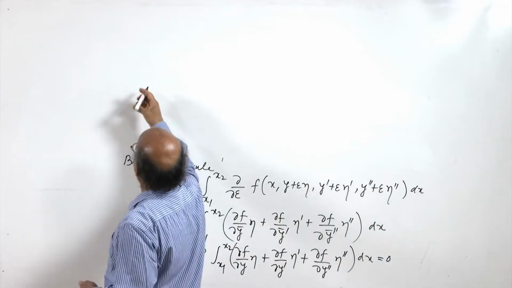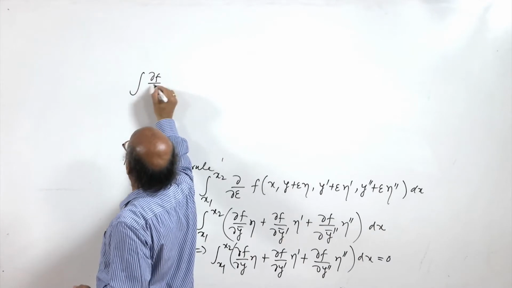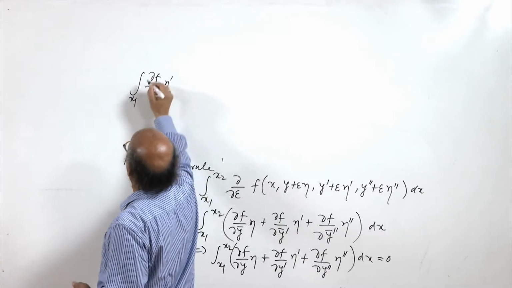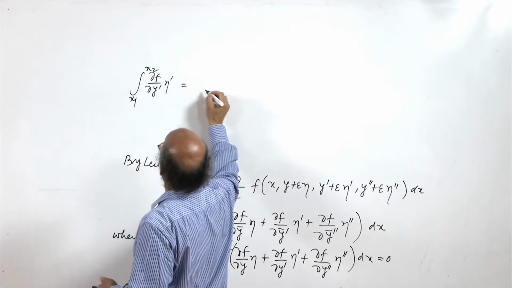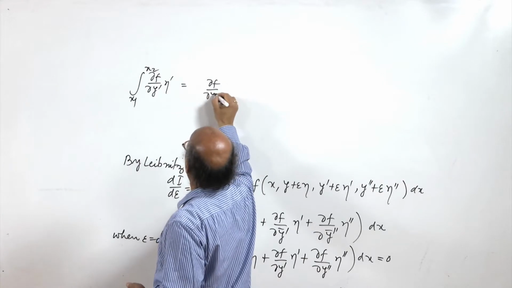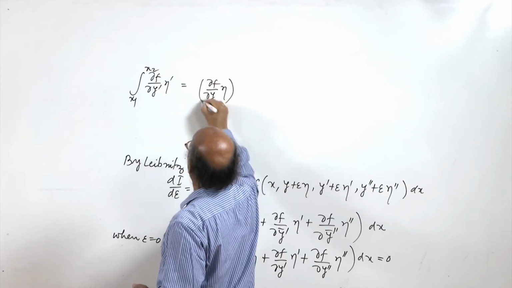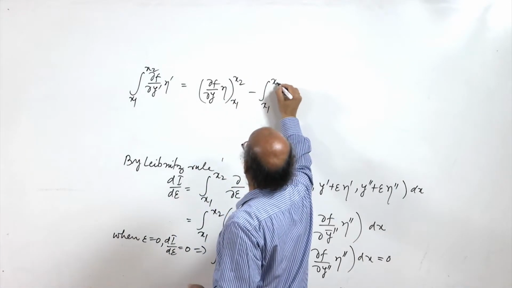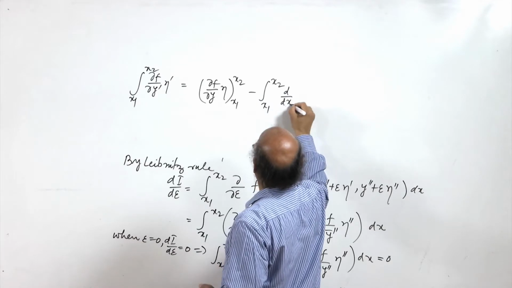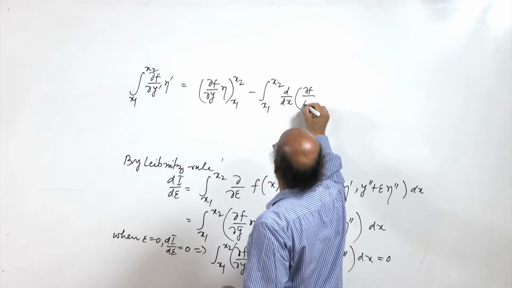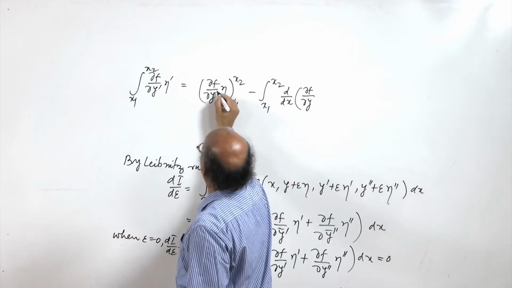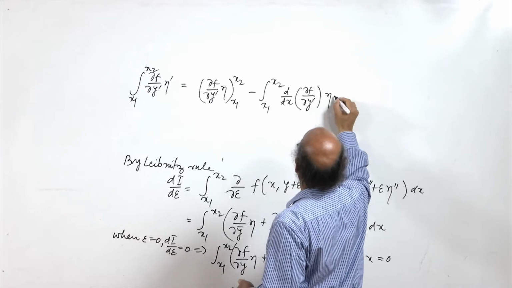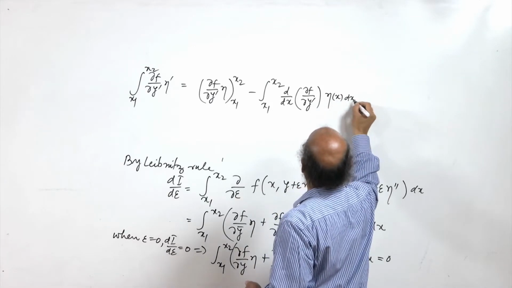Integrating delta f over delta y dash eta dash by parts, we get delta f over delta y dash into eta, evaluated between x1 and x2, minus the integral.